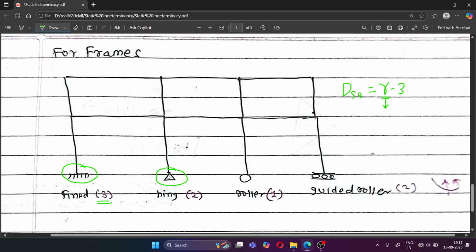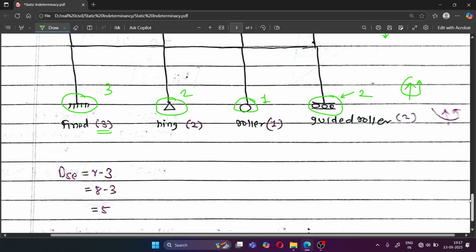Then here we have a hinge support, so 2 reactions. We have a roller support, hence 1 reaction. Here it is a guided roller, which has 2 reactions, basically vertical and moment. Okay, so 3 plus 2 plus 1 plus 2, that means 8 reactions are there, 3 conditions of equilibrium, that means static indeterminacy is equal to 5.